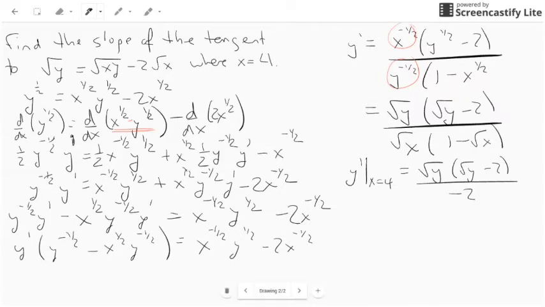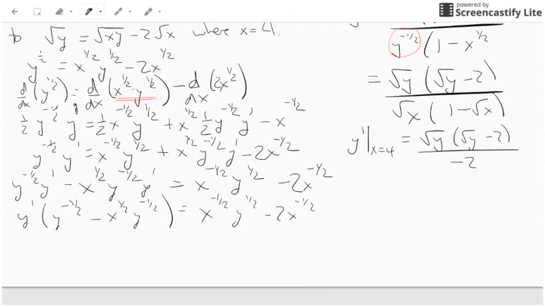Now, I need to figure out what y is before I can figure out what y prime is. So I got to go back to my original. I'll do just a little aside here, down here.